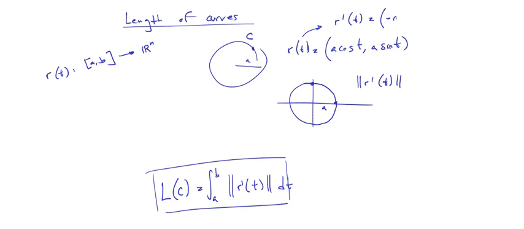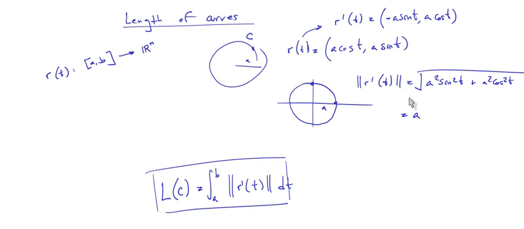So this is minus a sine of t, a cosine of t. The norm of this is the square root of a squared sine squared of t plus a squared cosine squared of t. Sine squared plus cosine squared is 1. You get common factor a squared, so this is just a.